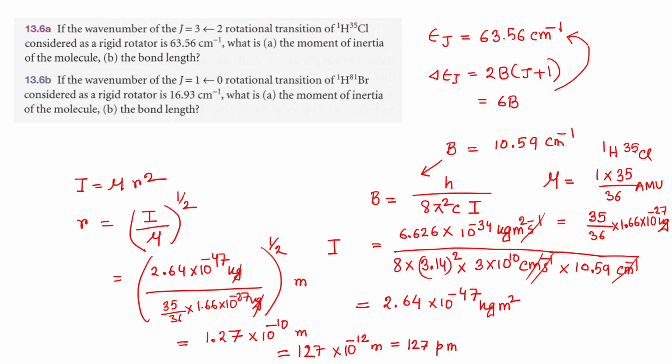If they want nanometer, it is 10 to the power minus 9, so it would be 0.127 nanometer, right? As in the earlier question, the bond length was given in picometer, that's why I gave you the answer in picometer.